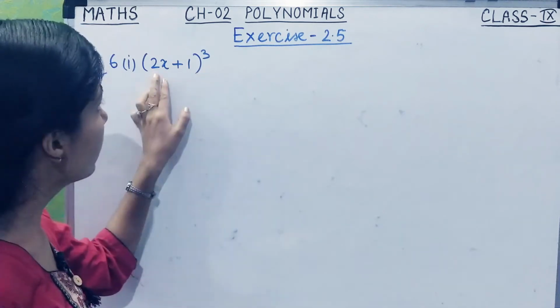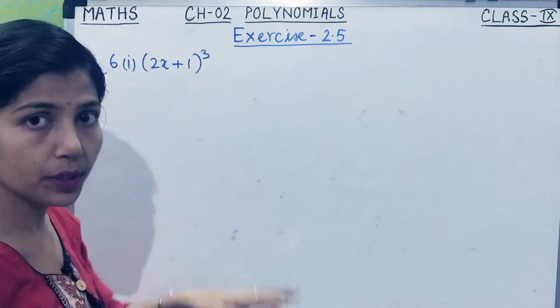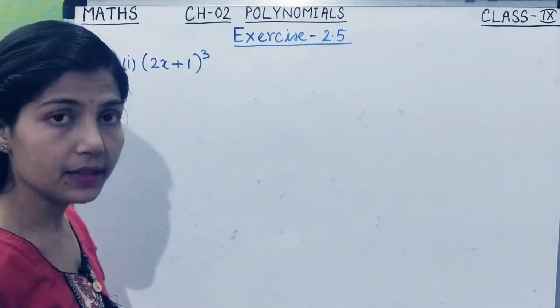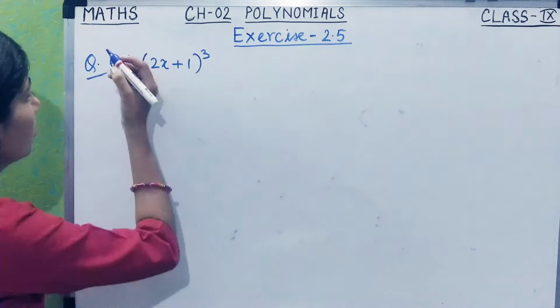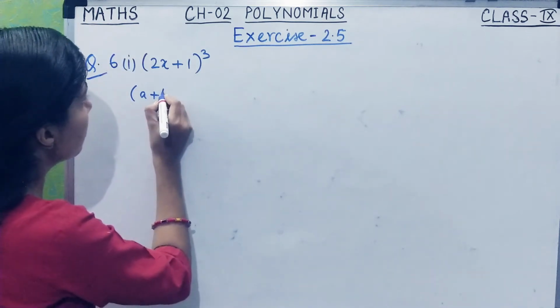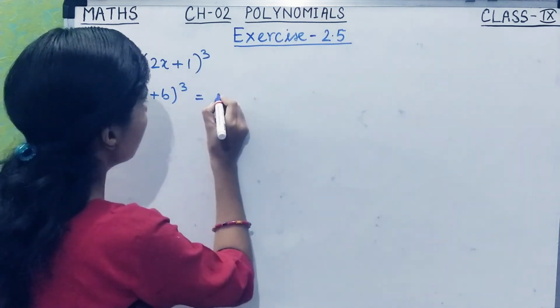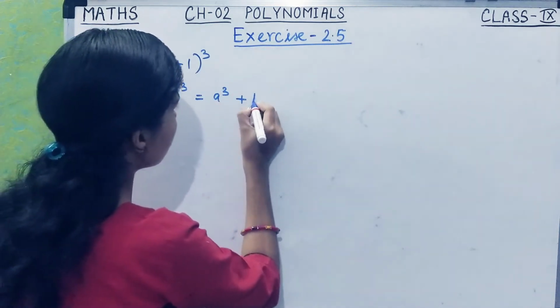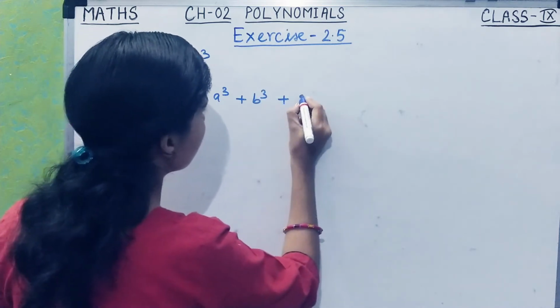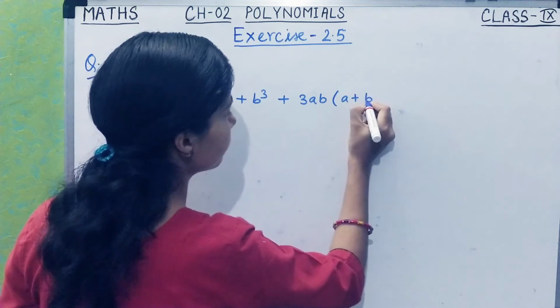Okay, so here there are two terms. It means this is the cube of a binomial, and there is an identity for this, that is (a + b) whole cube is equal to a cube plus b cube plus 3ab into (a + b).